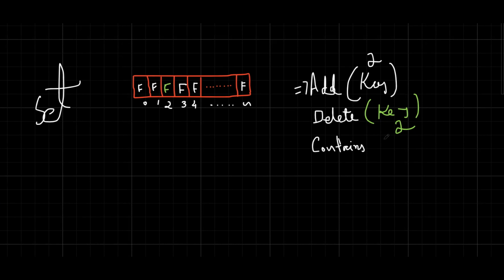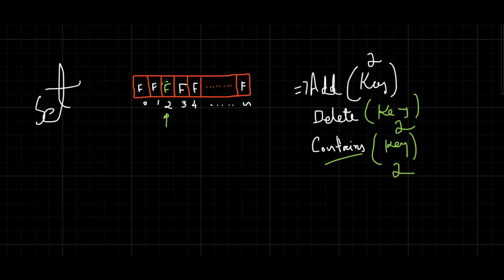And after that, we have to check whether a certain element is present in the set or not by using the contains function. Here, we will simply return the value present in the respective index. Suppose we have to check whether the element 2 is present or not, we will check the value of the index number 2.